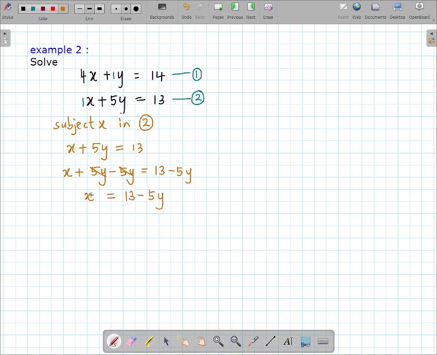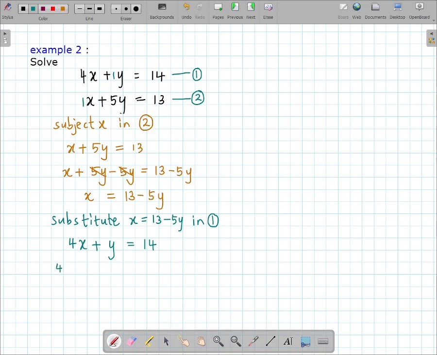Then I'm going to substitute this in equation 1. That is, first I write the equation 4x plus y equals 14. Then instead of this x, I'm going to put 13 minus 5y.